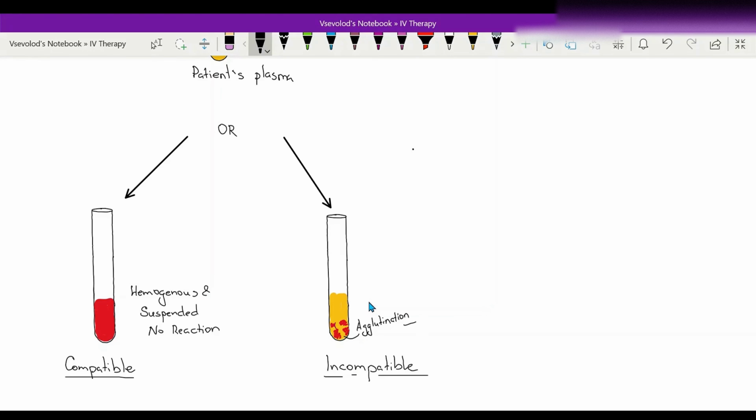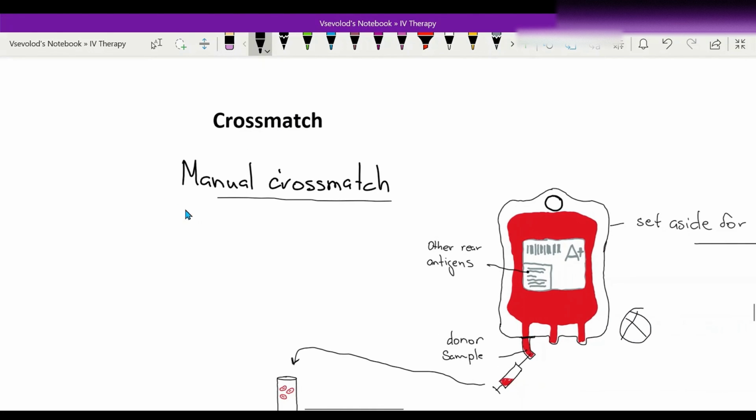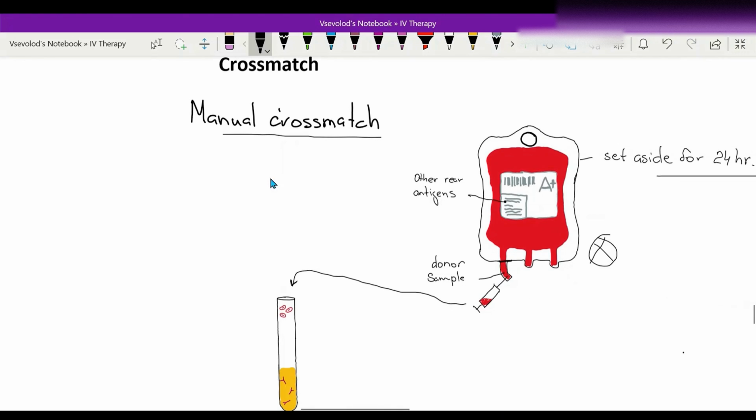Some rare unusual antigen. The result is that the serum and the blood are incompatible. So the blood will not be issued to this patient. This physical mixing of donor red blood cells and serum is a manual cross-match.